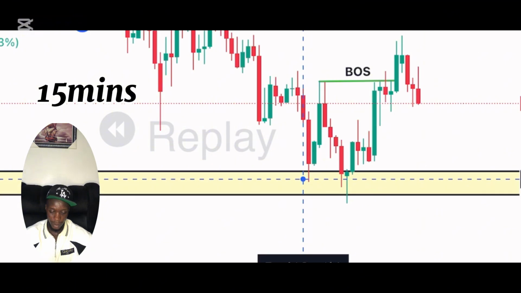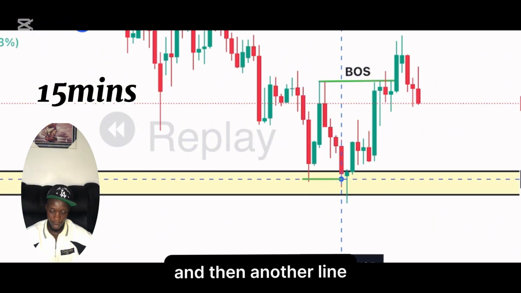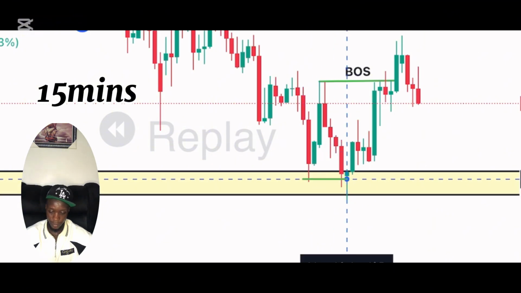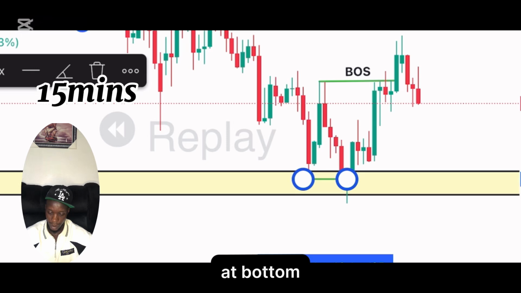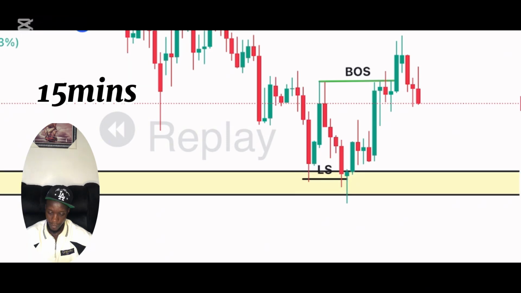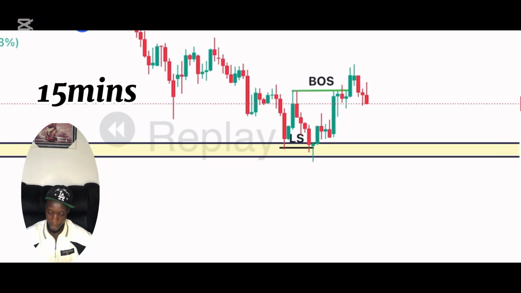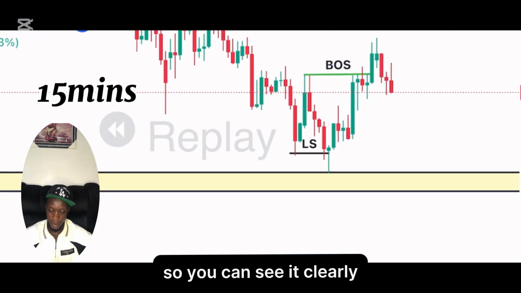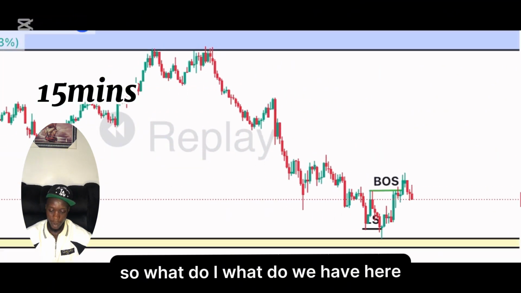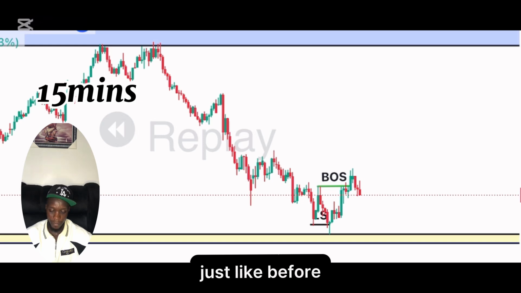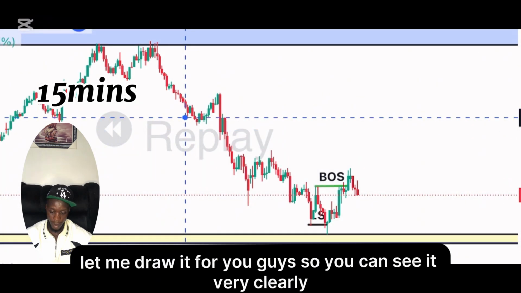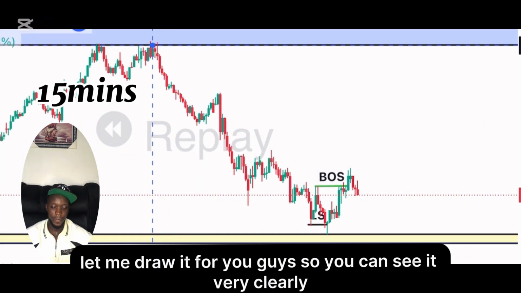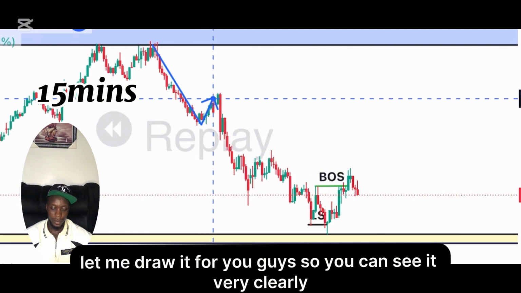This line, and then another line at the bottom. Let me take this one a bit down so you can see it clearly. So what do we have here? Just like before, let me draw it for you guys so you can see it very clearly.